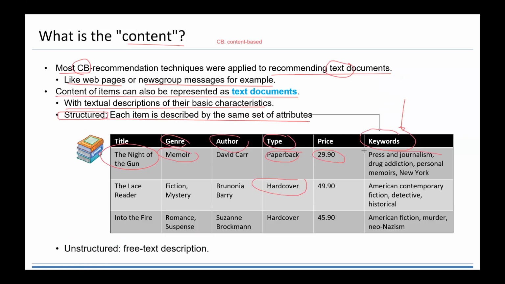The keywords are the text that mostly appears in the book. For example, it is related to press and journalism, it is related to drug addiction, it is personal memoirs, New York, and so on. So in this case, we can look at the structure people already put in a specific table, but there might be unstructured data, for example, free text descriptions.